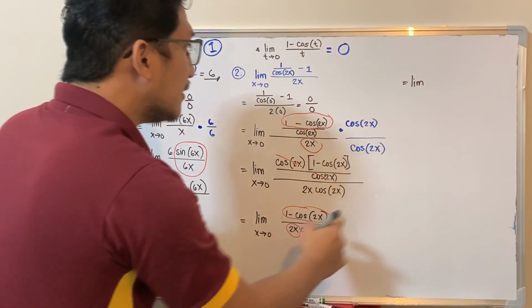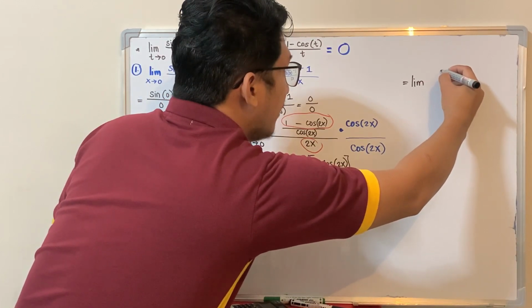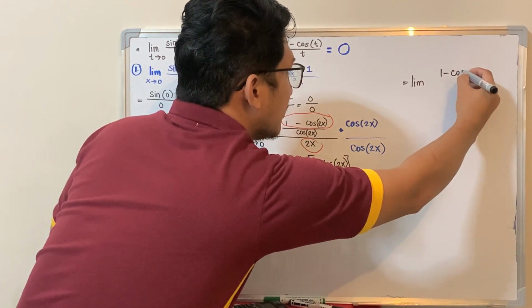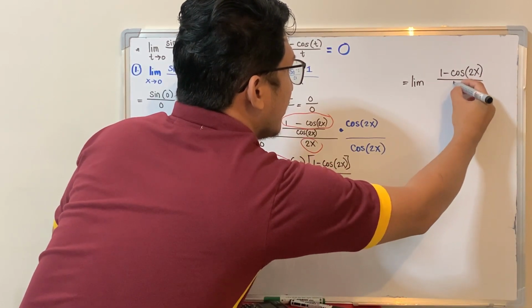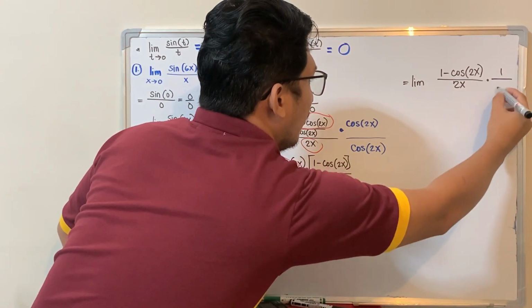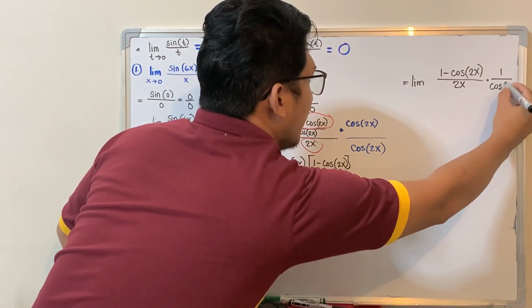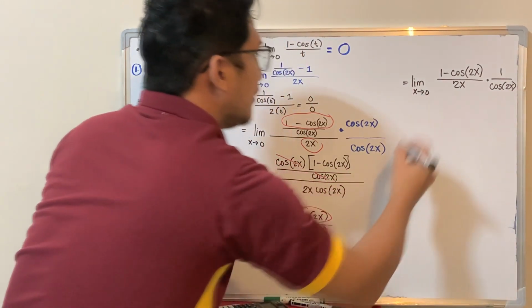Ako na siyang ilain, So, ako na siyang ilain. That's 1 minus cosine 2x all over 2x times 1 over cosine 2x as x approaches 0.